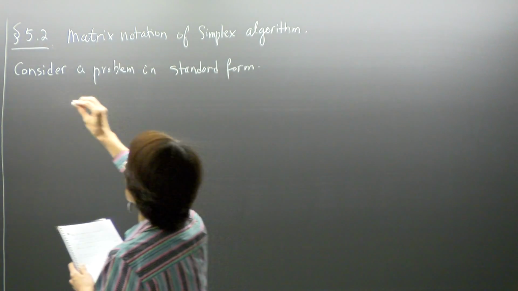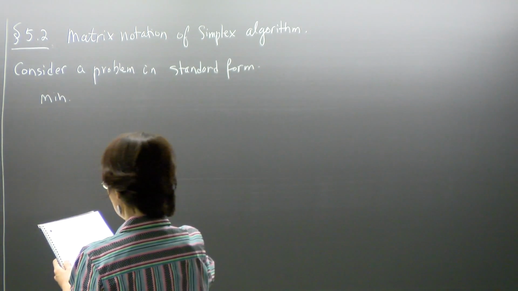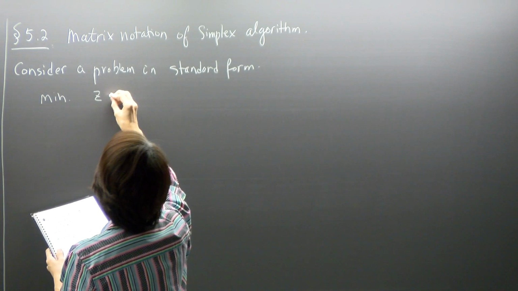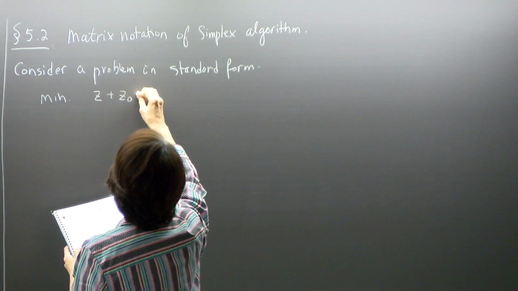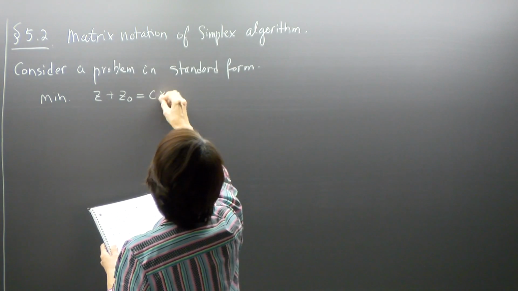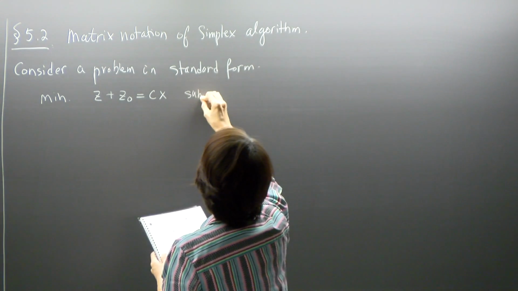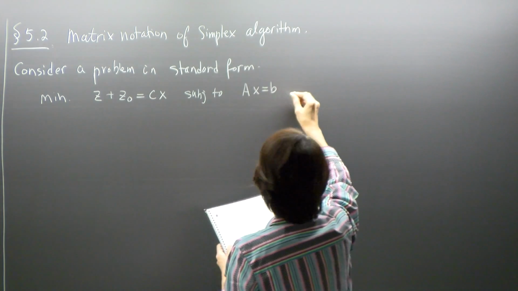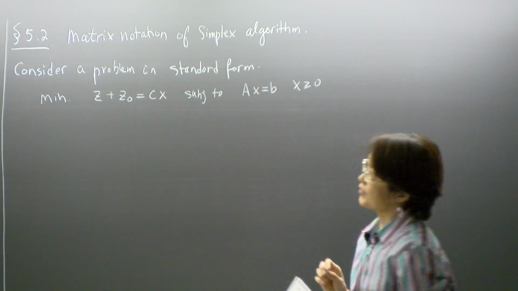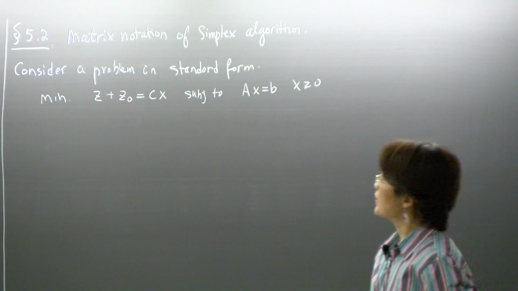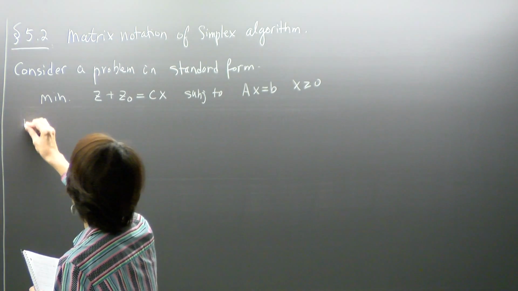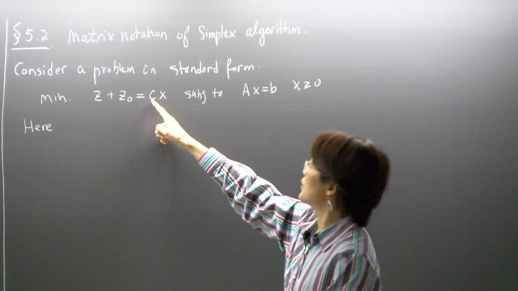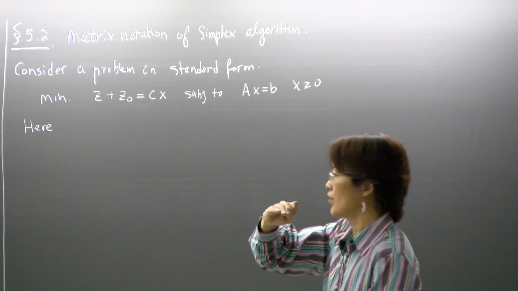Okay, so minimize Z plus Z naught equal Cx, subject to Ax equal B, x bigger than 0. Now here I'm going to use a little bit different notation, because when you put in the tableau, the coefficient C takes a horizontal shape.